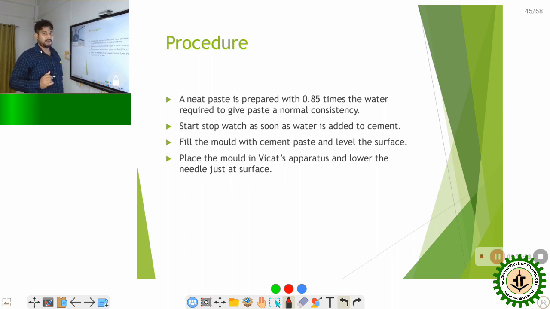Suppose the consistency got 30% of water required for making it consistent. So we need to take 85% of 30%.